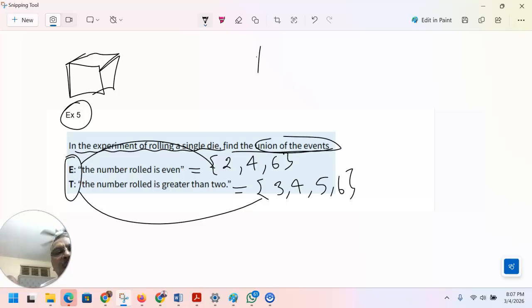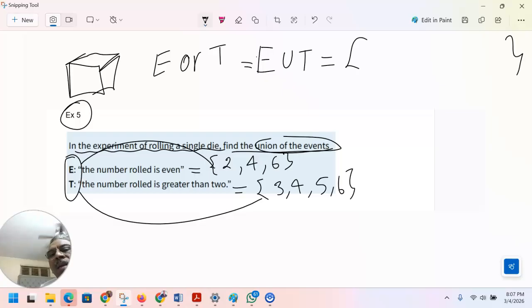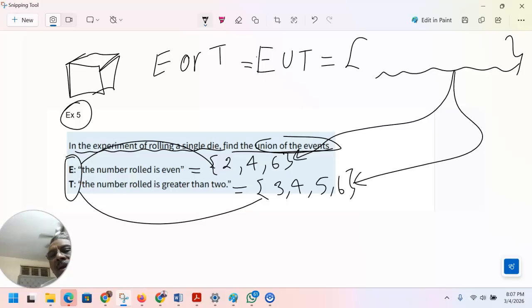What does union mean? E union T. Another way to say it is E or T. So whatever you write here has to either come from the first one, or from the second one, or from both. It's like putting this and this together.